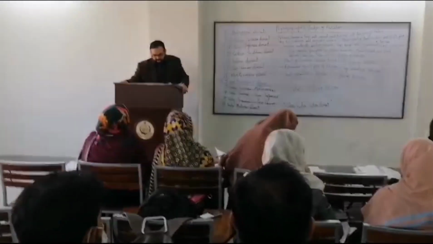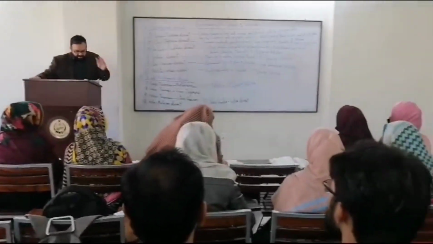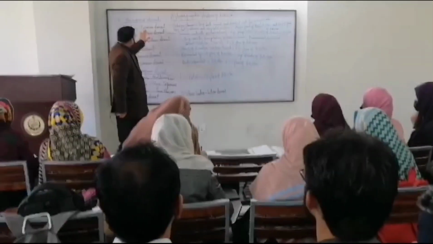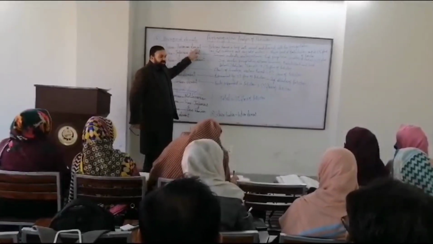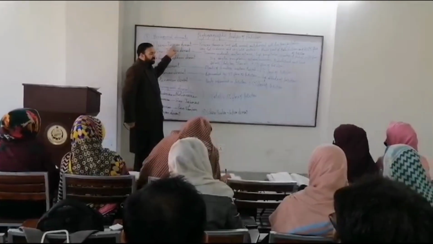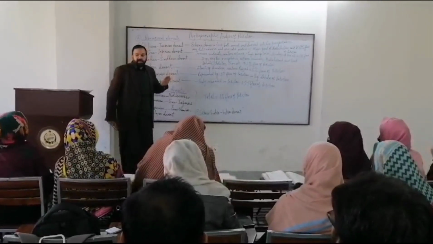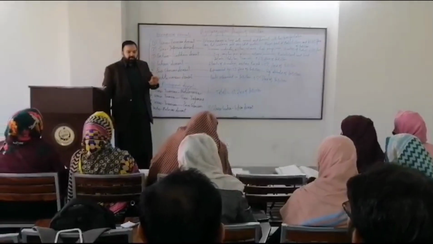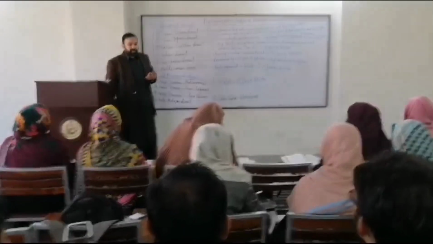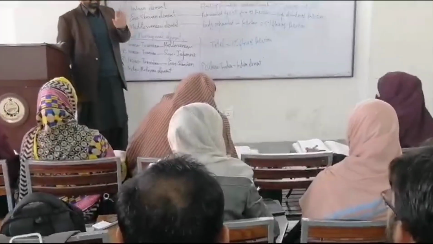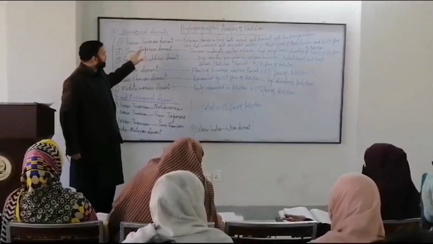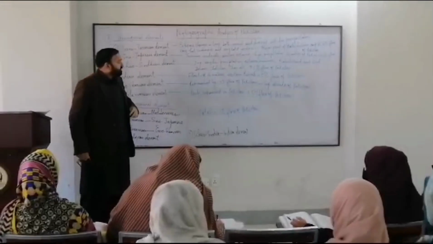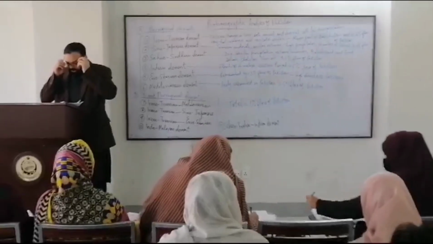There are typical species found in this region. Every phytogeographic region has some typical species of plants, which are actually the indicator species of that particular region. The Irano-Turanian element has some typical species.